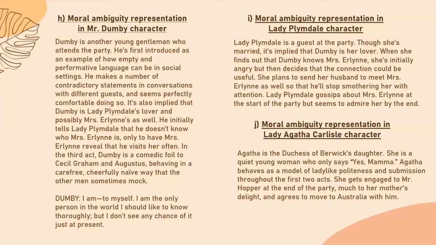In the third act, Dumby is a comedic foil to Cecil Graham and Augustus, behaving in a carefree, carefully naive way that the other men sometimes mock.